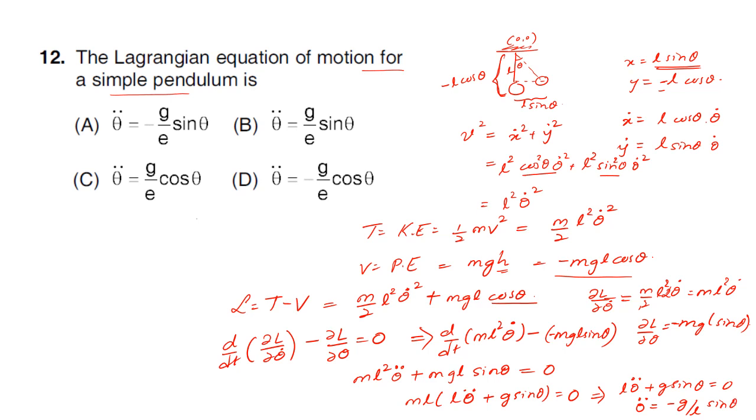So here the option is the answer. Theta double dot is equal to minus g upon L into sin theta. Option A is correct.